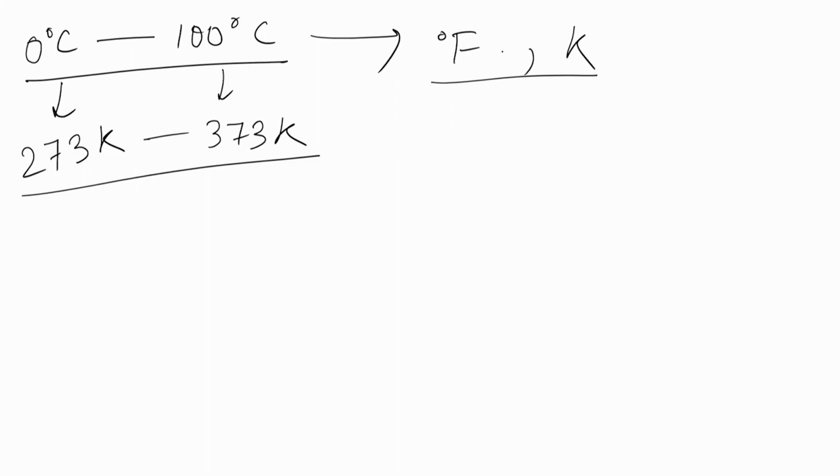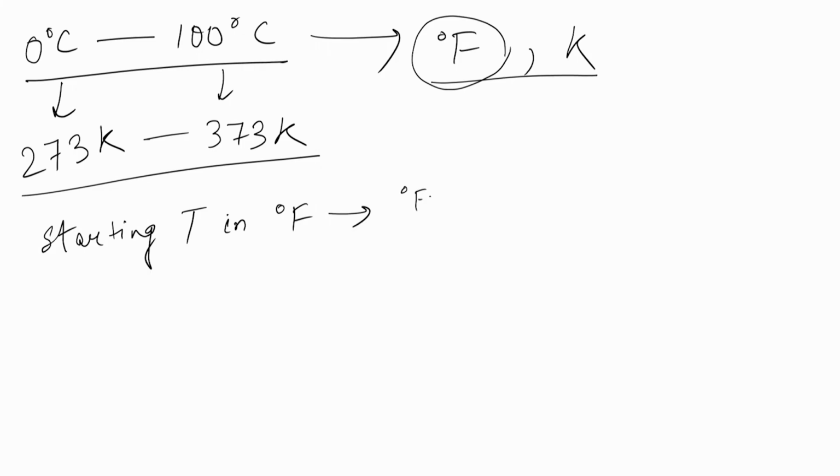Now let's see, if we have a thermometer of degree Fahrenheit, what will be the range of temperatures? So, the starting temperature in degree Fahrenheit: degree F is equal to 9 by 5 into degree C plus 32.